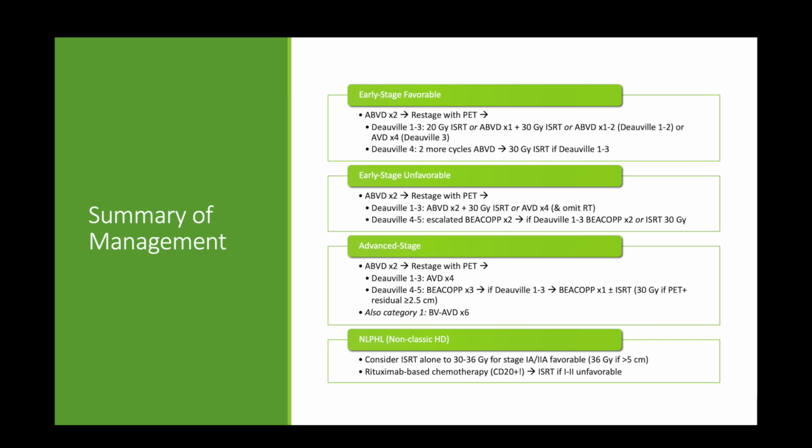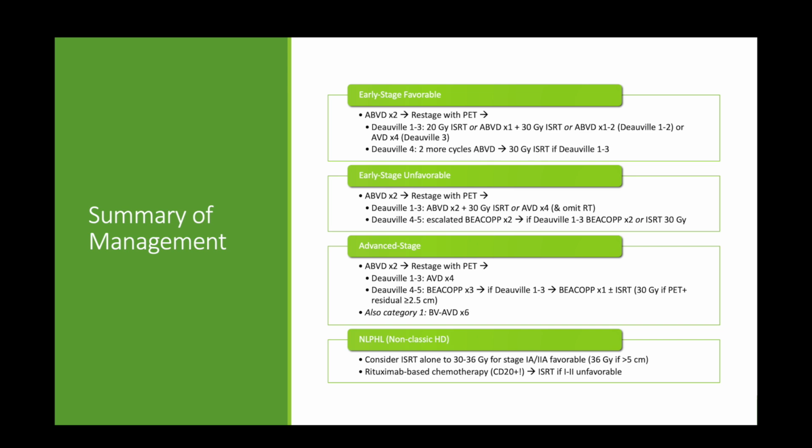So understand that, for all of these different stages, especially in early stage disease, there are options for just chemotherapy alone. There are also options that utilize radiation, and it's always going to be a risk-benefit discussion. And over time, as the chemotherapy regimens have gotten better, radiation has actually been used less for this disease site.